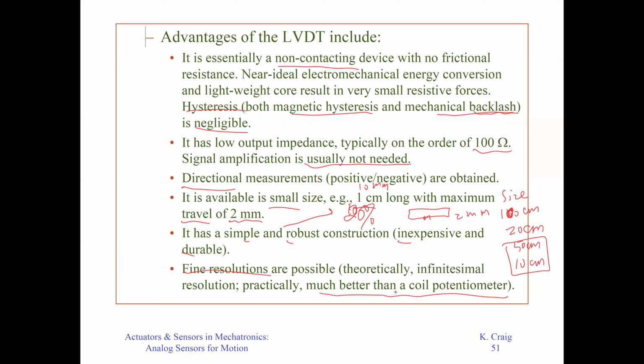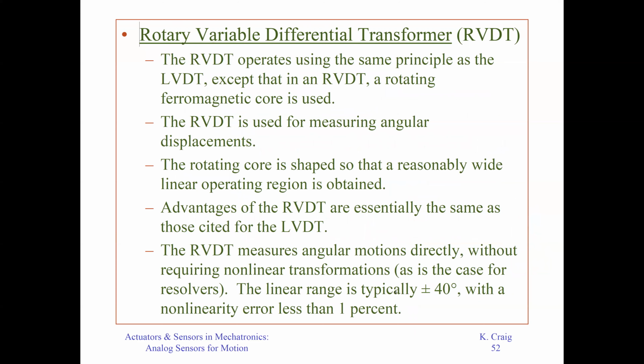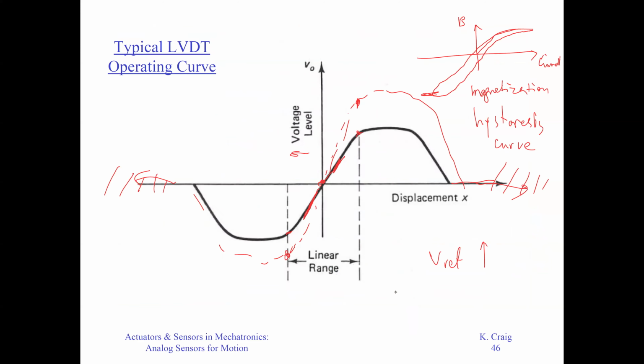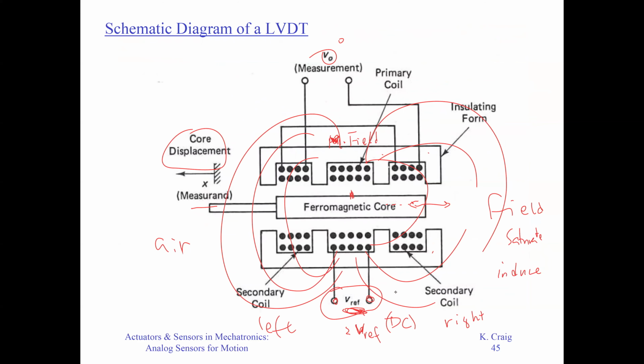In the coil potentiometer, you have a wire, and the wire width limits the distance. So maybe the limit is 0.1 mm, which is already a very tiny wire diameter. So that's for LVDT. You got an idea of LVDT.